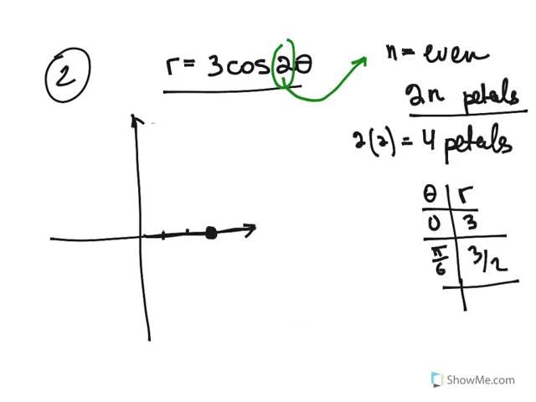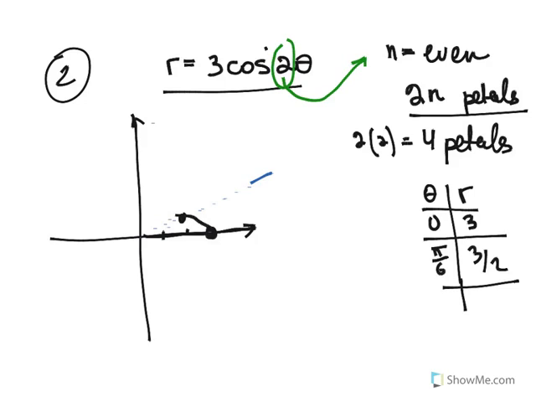So pi over 6 is approximately this angle. This is 3, so 3 over 2 is 1.5. Let's say somewhere here. Yeah, it's the first petal. You can tell that it's going to go this way.